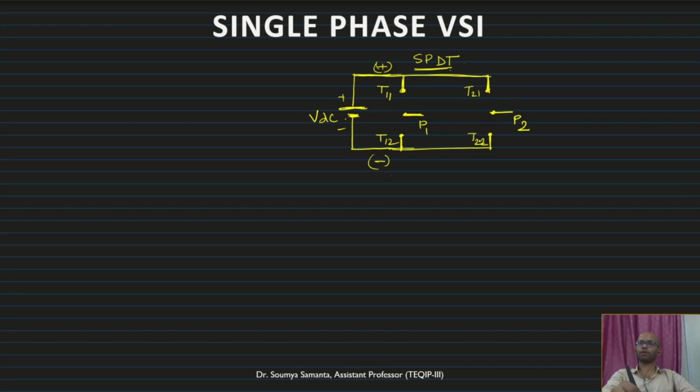Throw 1 for switch 2 and throw 2 for switch 2. So this is single pole double throw switch. Now let us connect the load here. P2 here. Where we will connect it? Let us connect the load in between.